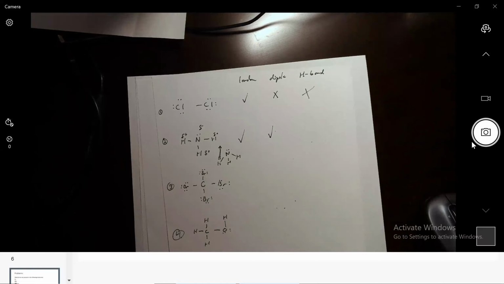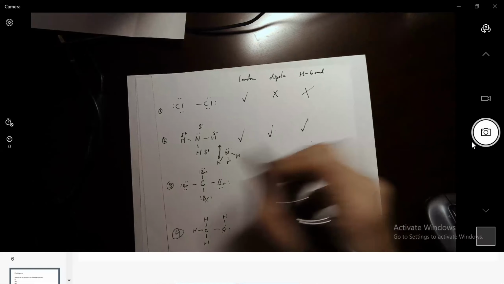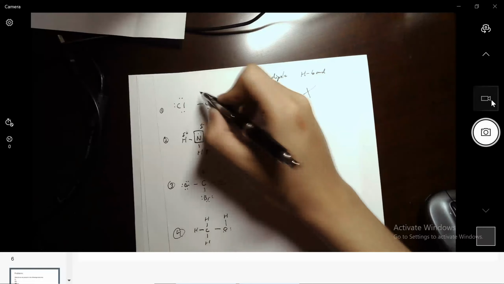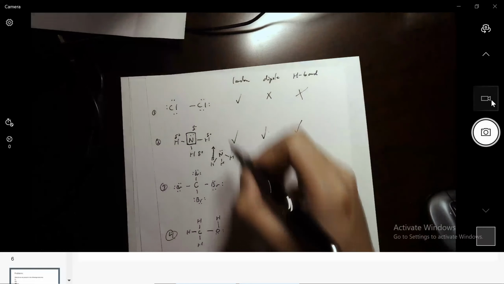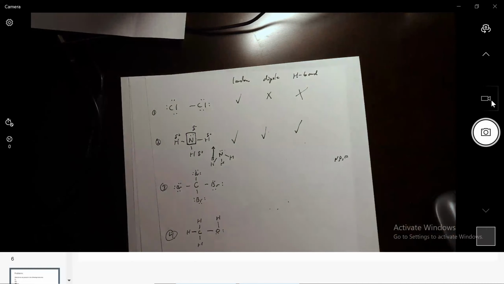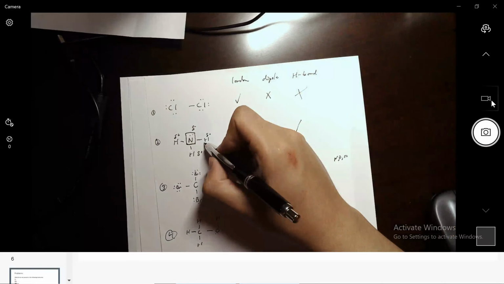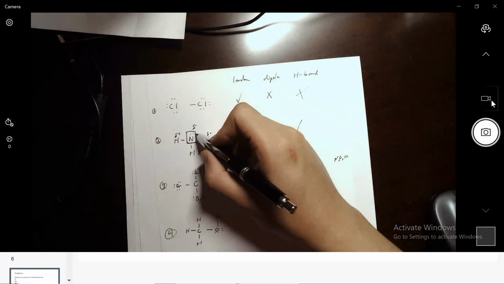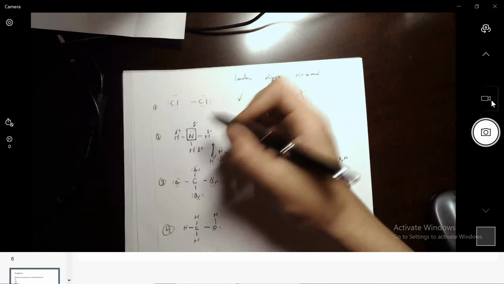Right, yes. Because we have a highly electronegative element, so those are N, O, and F. And we have a hydrogen bonded to that highly electronegative element, and we have a lone pair to act as an acceptor.